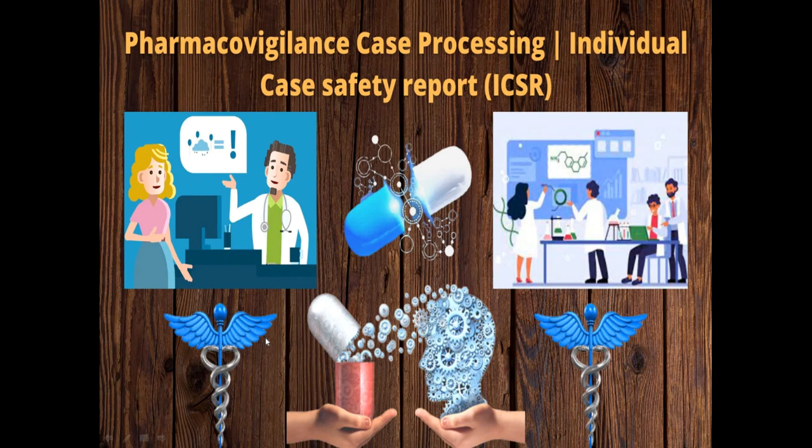We collect the important information from the forms, because a patient who doesn't have much medical knowledge won't be able to provide the required information in an organized way in that ICSR form. So we won't be able to submit that ICSR form to the regulatory authorities, because regulatory authorities need concise and to-the-point information.